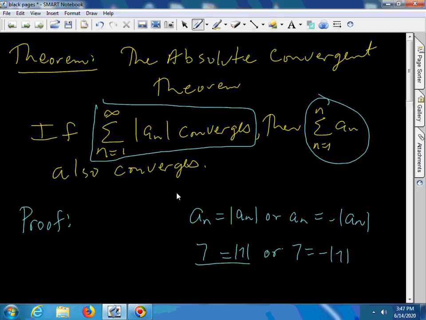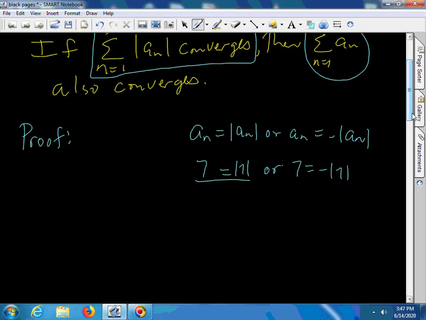It turns out the first one is true. Negative 13 is either equal to the absolute value of 13, or it equals the absolute value of 13 with a minus sign in front. It's that one. It's one or the other, always.